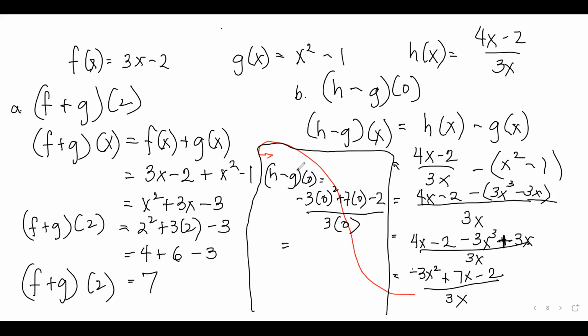Ngayon, any number divided by 0 is what? Pag dinivide ko yung any number by 0, ano na nga yung answer? Undefined po, sir. Okay, very good. So, undefined. Ibig sabihin, hindi possible na magkaroon tayo ng value na 0 kapag meron tayong h minus g of x.